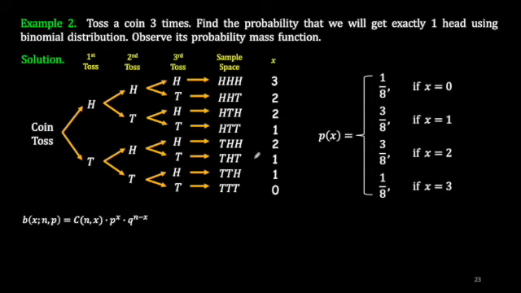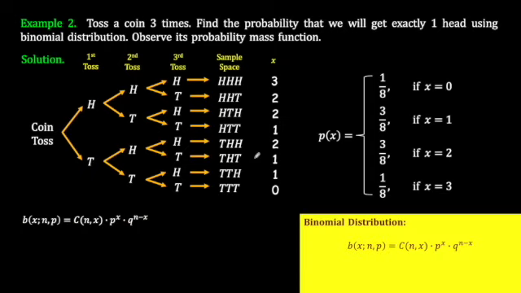Using binomial distribution, here n is 3 since we toss a coin 3 times. P is still 1/2. Sabi ko nga po, constant ang P, hindi siya mababago. Kahit na ilang trials pa ang gawin natin. If P is 1/2, Q is also 1/2. X equals 1.